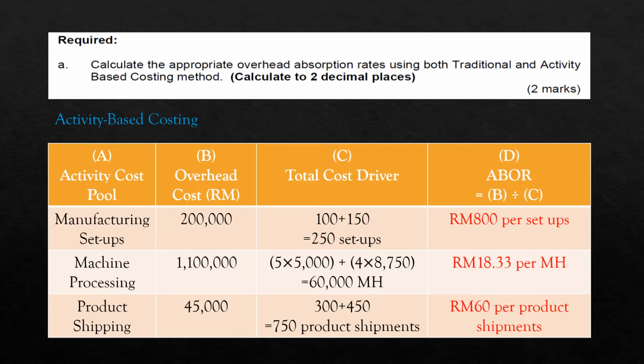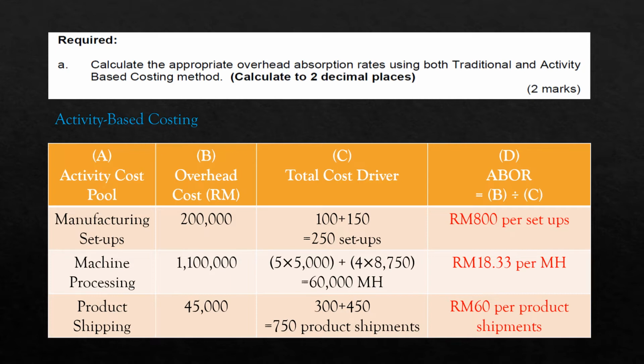Next is to calculate the overhead absorption rate using activity-based costing. From the table, we need to list down the activity cost pool, overhead cost, the total cost driver, and also the absorption rate. You can get the absorption rate by dividing the overhead cost by the total cost driver. The total cost driver can be calculated when you add up the cost driver from product DM with the cost driver from product DP.